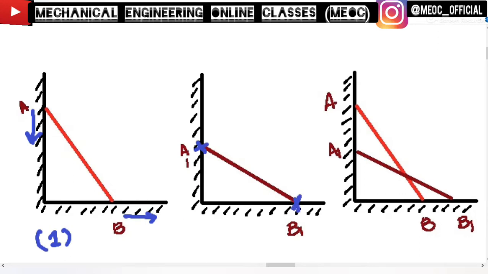So there is rotation. If we consider the centroid or the center of gravity or any point on that rod, we can see a translation, and altogether the body is rotating about some point at a particular instant.